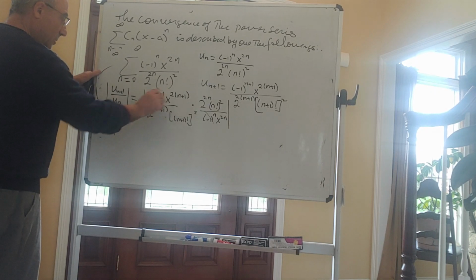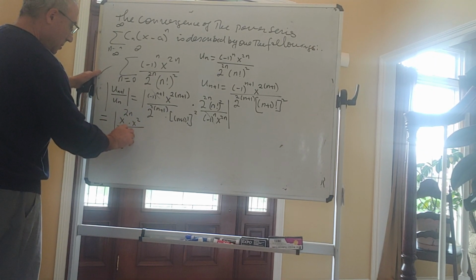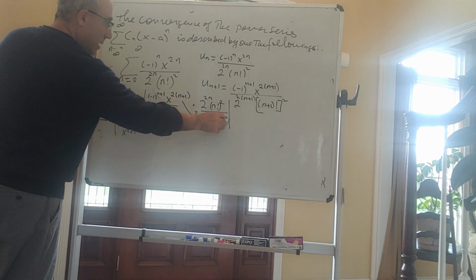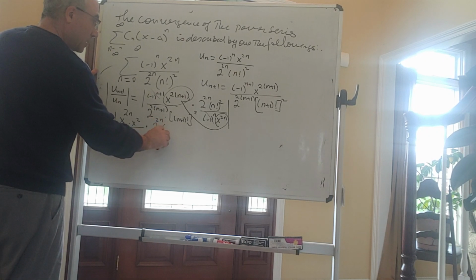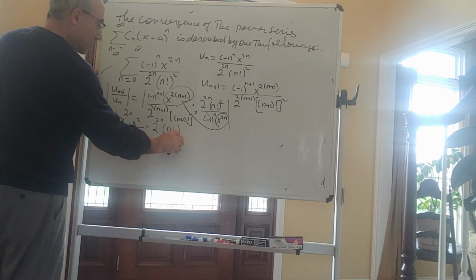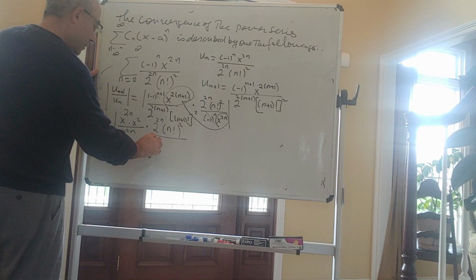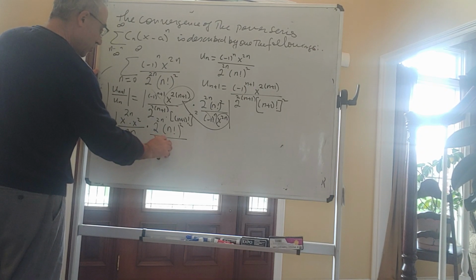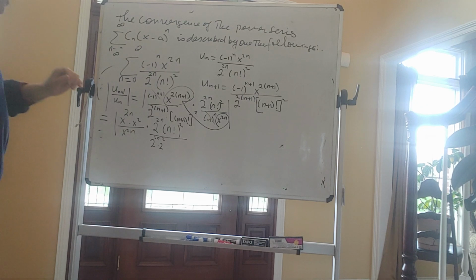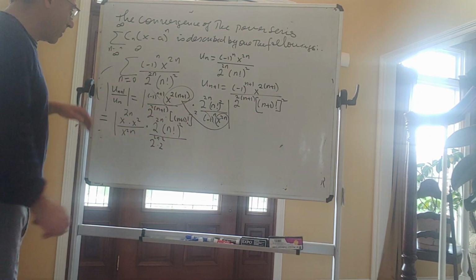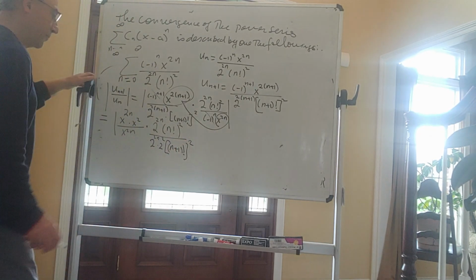We're going to have x to the 2n times x squared over x to the 2n, and this is going to be 2 to the power 2n times n factorial squared over 2 to the power 2n times 2 squared times n plus 1 factorial squared. It's a little bit complicated.